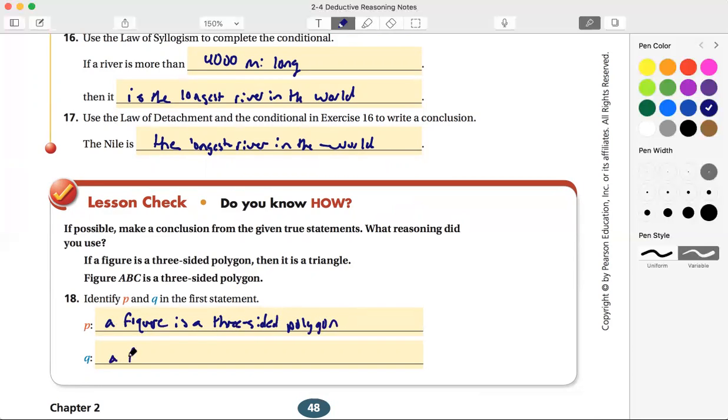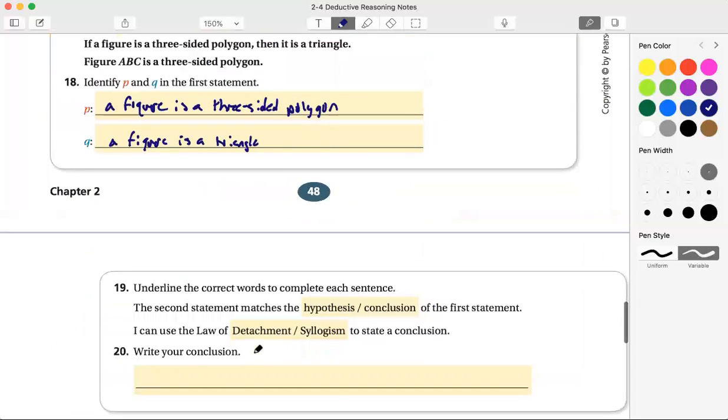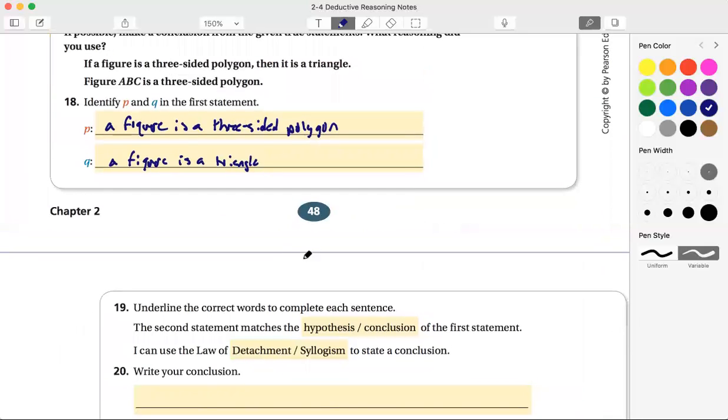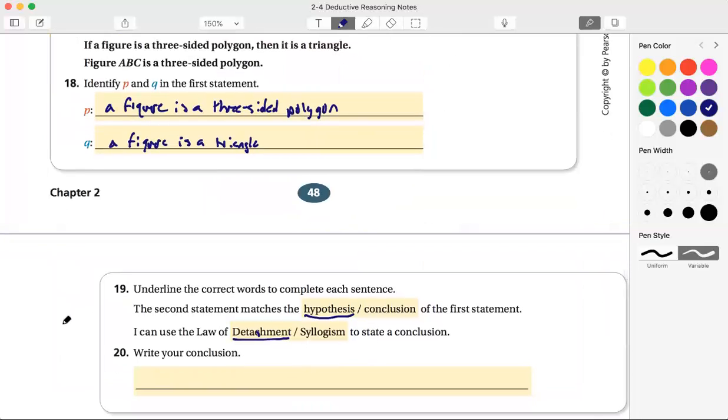Q, a figure is a triangle. So underline, the second statement matches the hypothesis of the first statement. I can use the law of detachment. So we're going to write the conclusion. Figure ABC is a triangle.